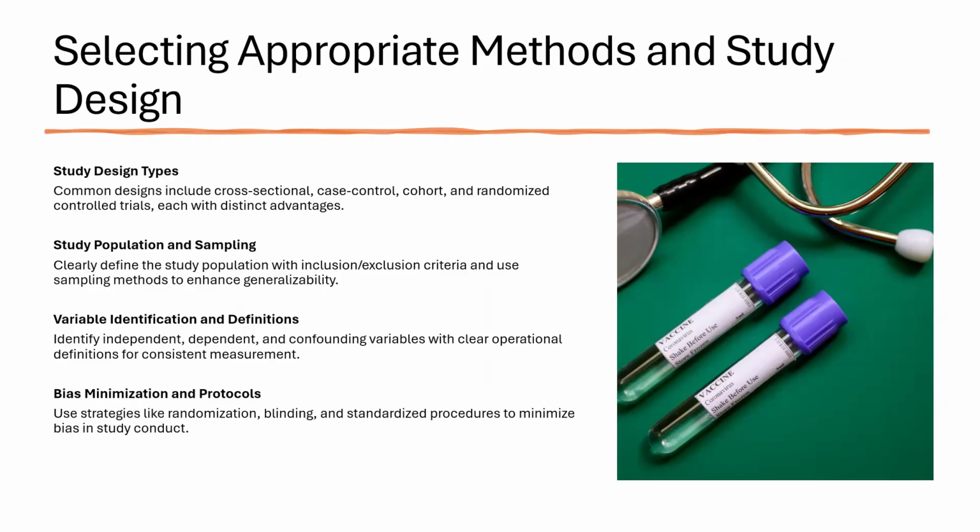Okay. So there are different types of studies, on which again, I am going to make a video on study designs and study types. So basically the common designs include the cross-sectional, case control, cohort, randomized controlled trials, and each has its distinct advantages as well as disadvantages, which we will be discussing in depth.